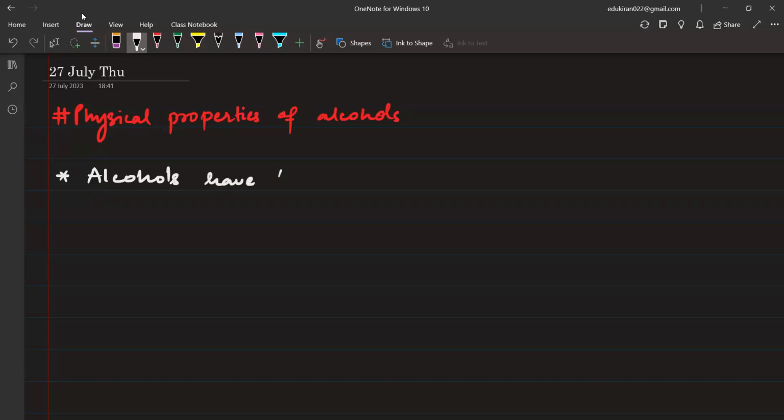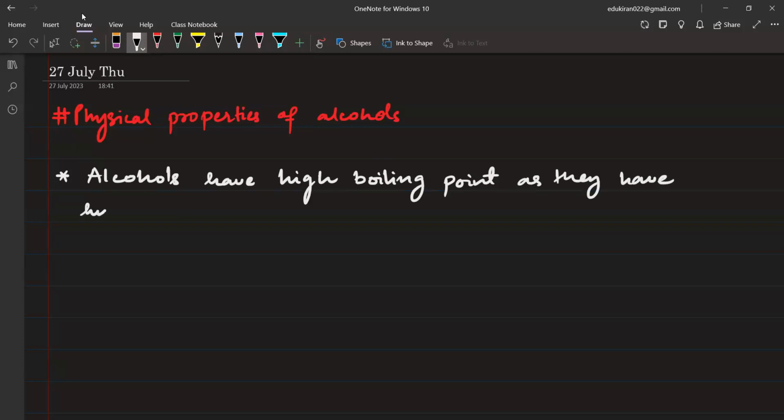Alcohols have high boiling point, as they have hydrogen bonding. Because you have ROH and another OH will be somewhere here.